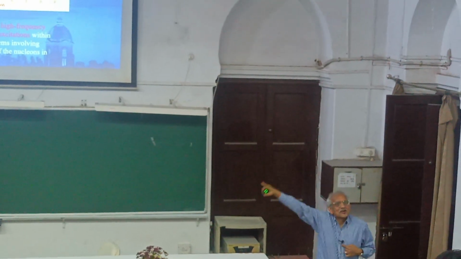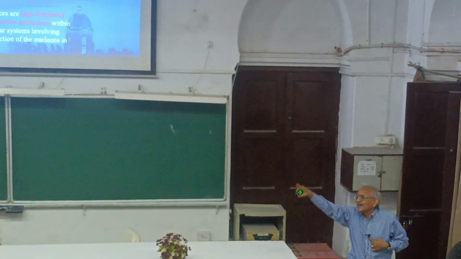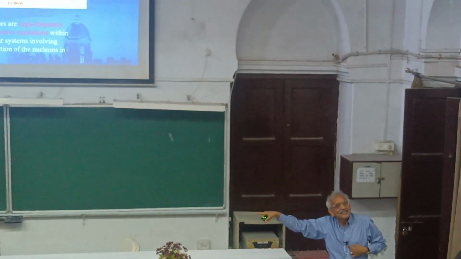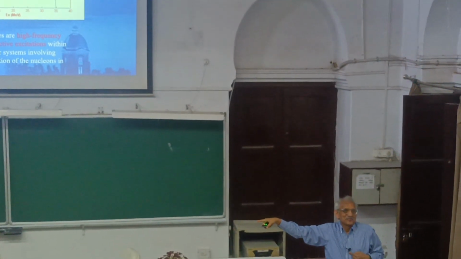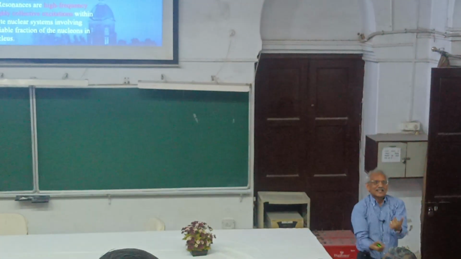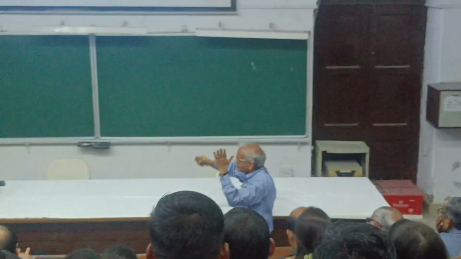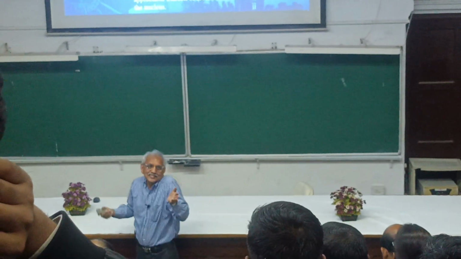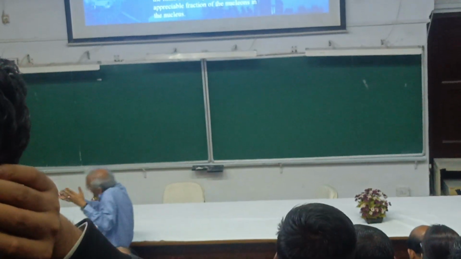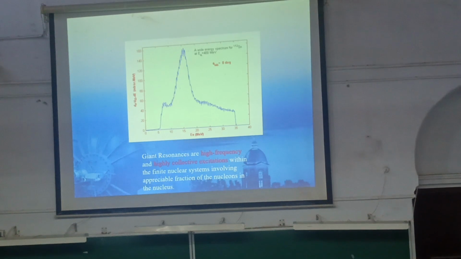And because I know my magnetic field, I can go back and see what angle it came. So in this one measurement, I can measure angle, I can measure energy. That's all I do. Of course, I should tell you it's much easier said than done, but it's done. Concept-wise, it's not a problem.